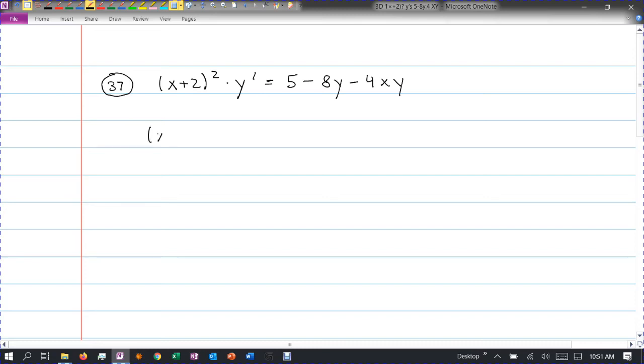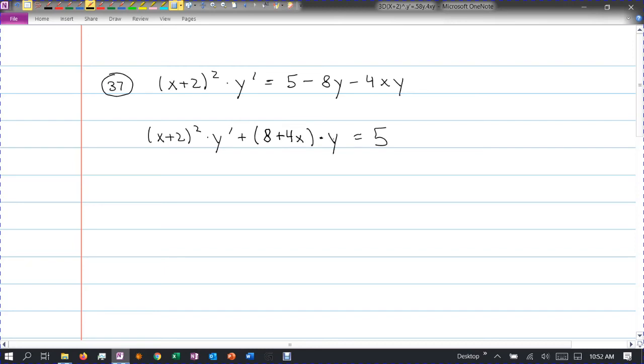So x plus 2 quantity squared times y prime plus 8y plus 4xy equals 5. So I got the things with y on the left. I've got to factor a y out of this, so I'm going to just rewrite it. So that's going to be 8 plus 4x, and then there's the y I pulled out.